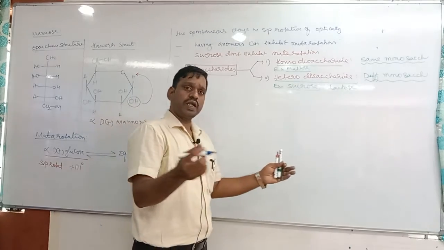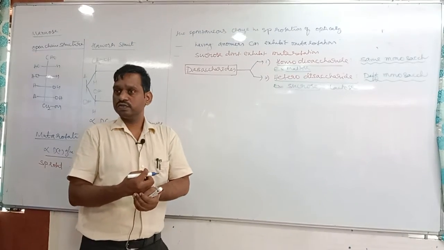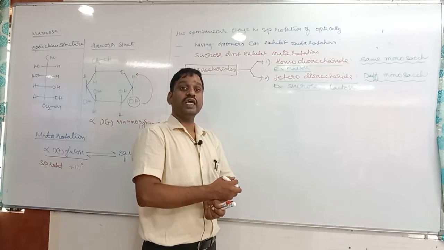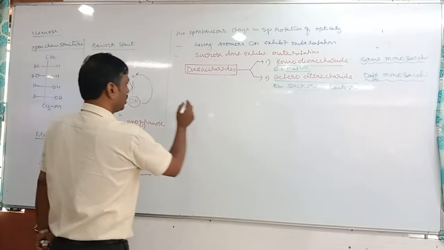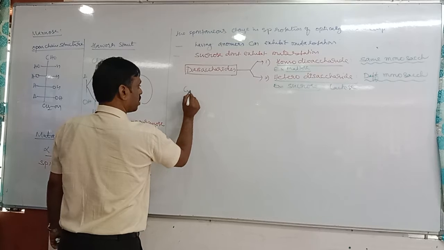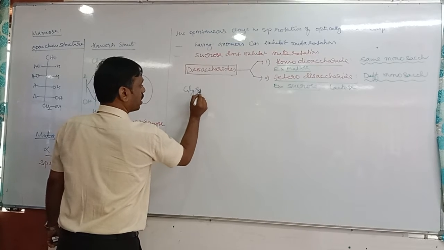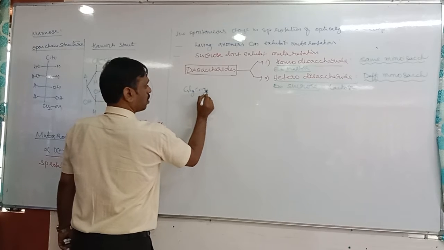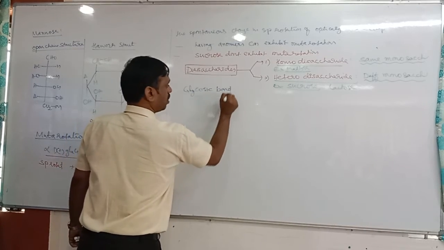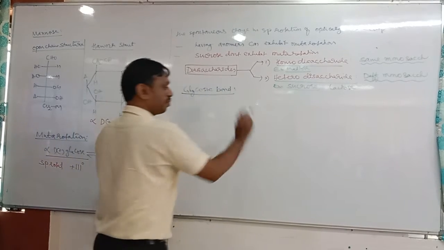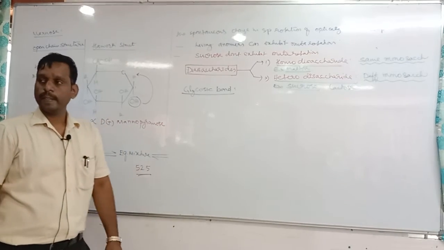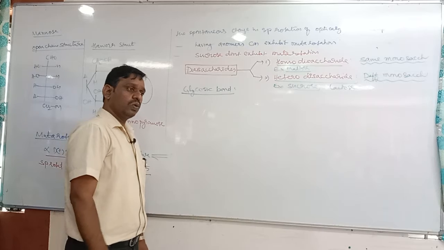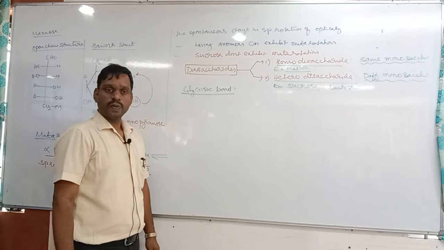A disaccharide contains two monosaccharides, so they must be joined together. They are joined by a glycosidic bond. Let's see what a glycosidic bond is. What is the bond present between two amino acids?